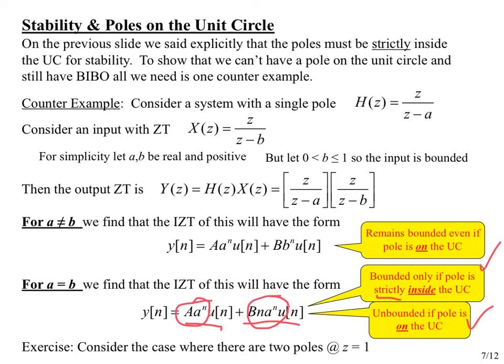And so that's why we call a system with a single pole on the unit circle, well, any poles that are on the unit circle are single poles, not repeated poles, we would say would be a marginally stable system. And I'm just giving you a little exercise here to look at the case where there are two poles at z equal to 1.